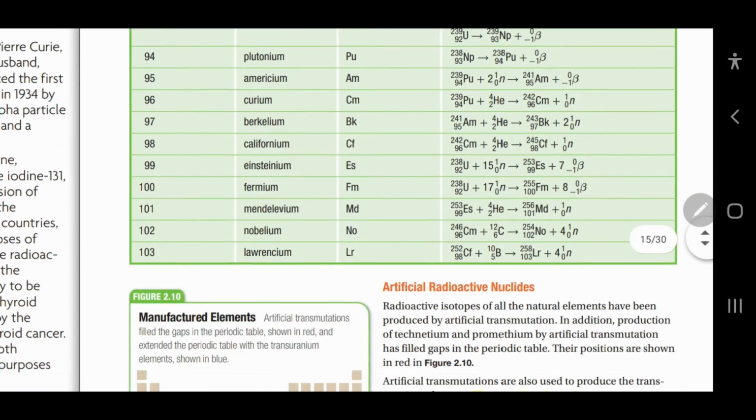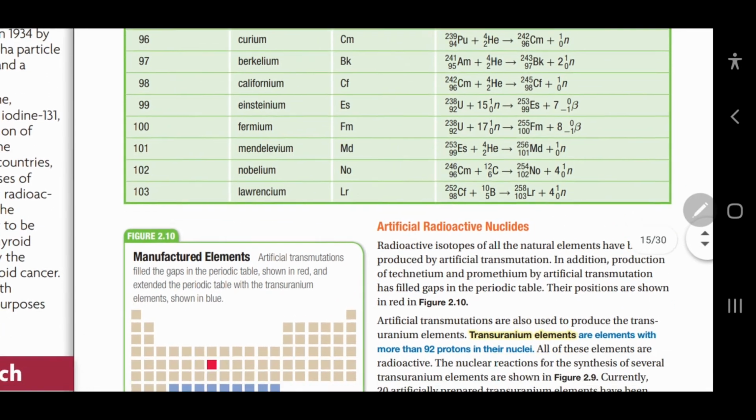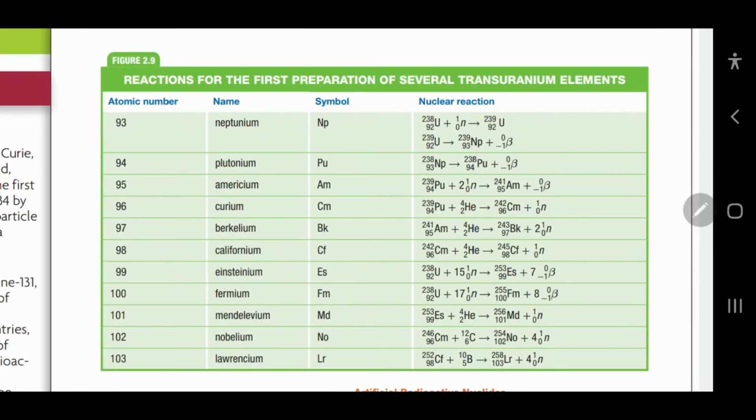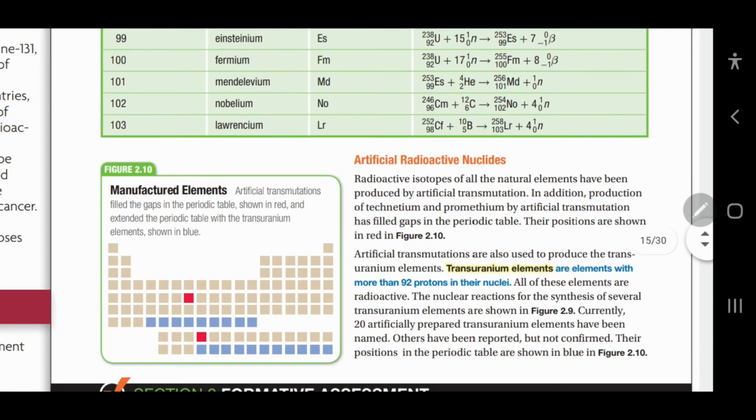But we said that this transmutation must be controlled first. And also we said that artificial transmutation is used to produce transuranium elements, which are elements with more than 92 protons in their nuclei, located after uranium.